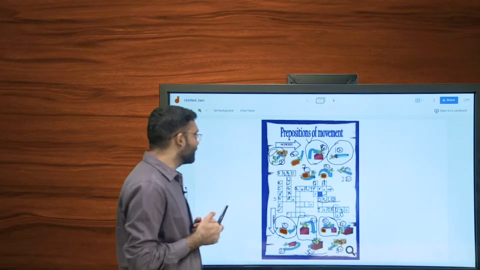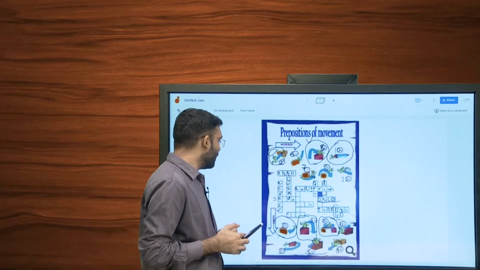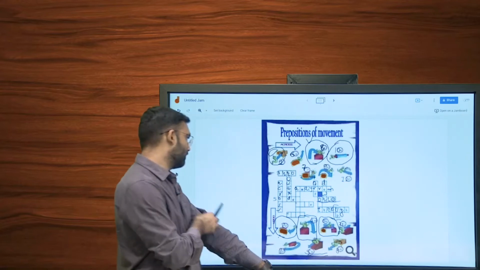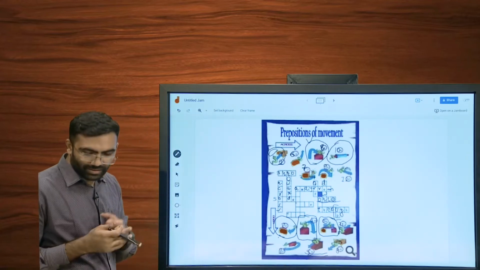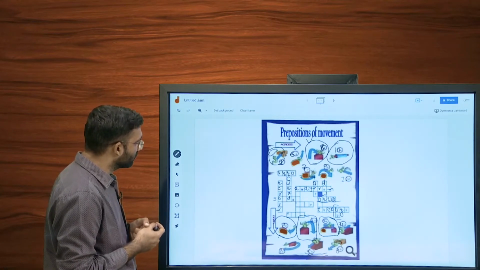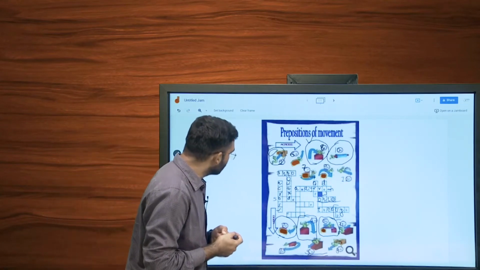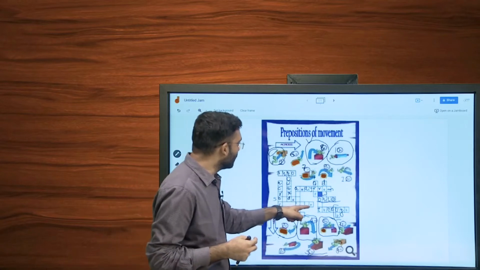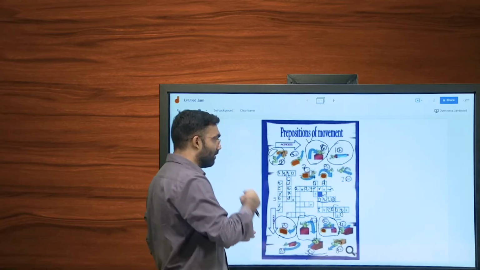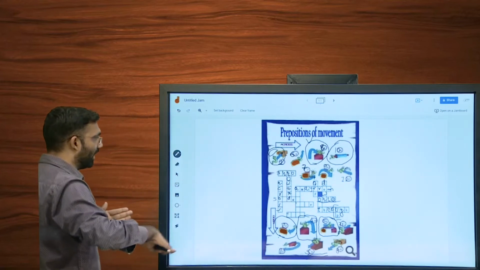The first one is done. The second one is also done. This is the 5th one. Now, which one is left? This one. This you know, I'm sure. The 7th, the one below.